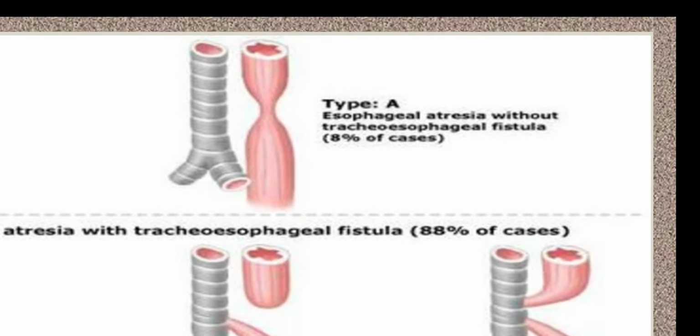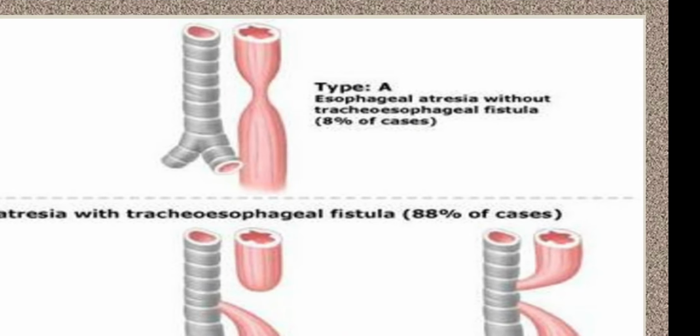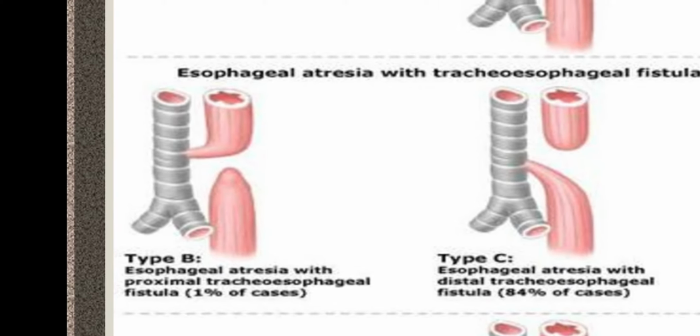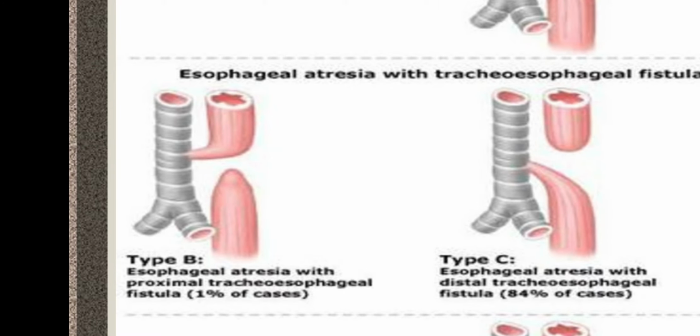Here we have type A. In type A, there is esophageal atresia without tracheoesophageal fistula, and it forms 8% of cases. Type B, esophageal atresia associated with proximal tracheoesophageal fistula, occurs in 1% of population.